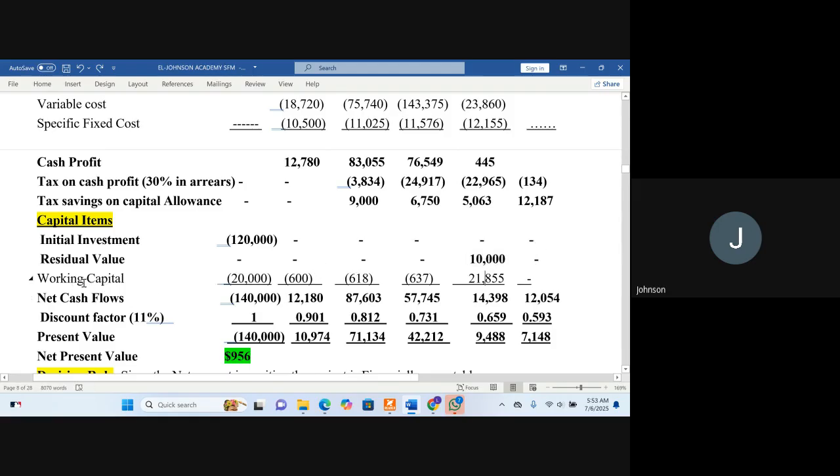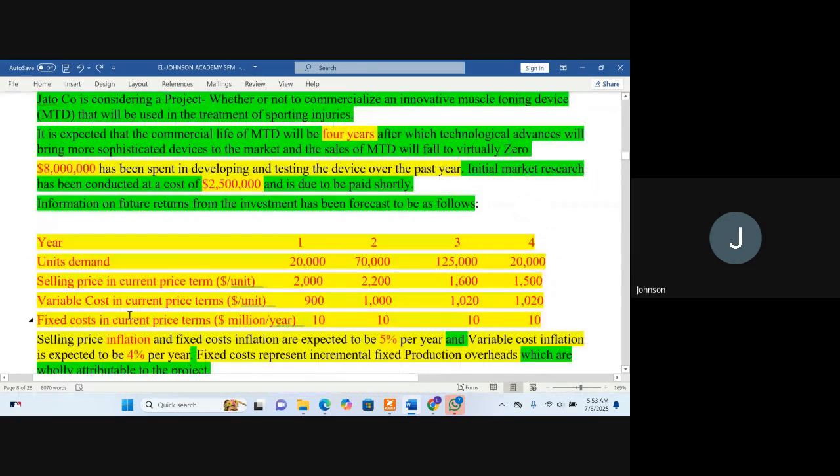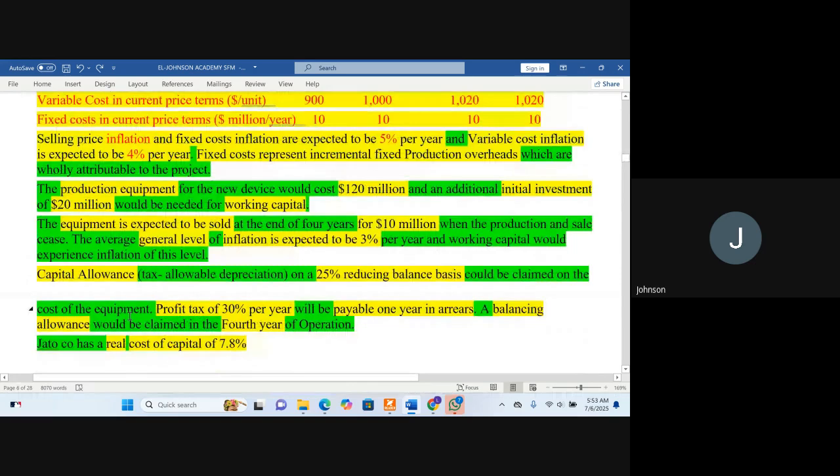Now the next thing we need to look at is working capital, because working capital also has an inflation rate.